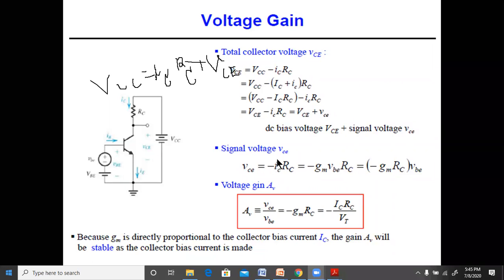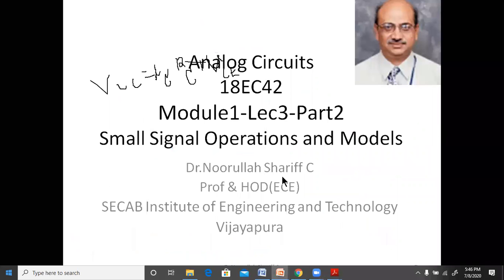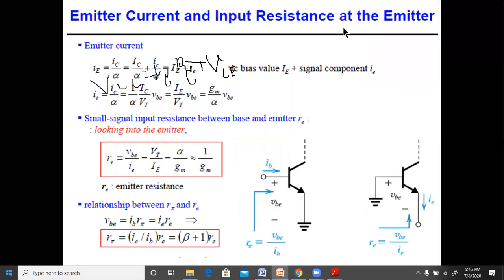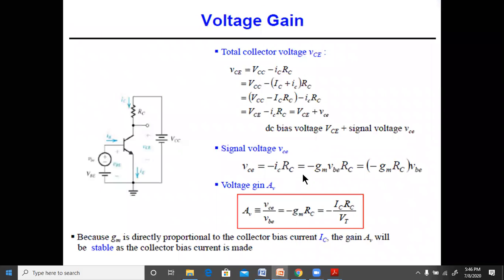We were just trying to see what is the value of the ic.